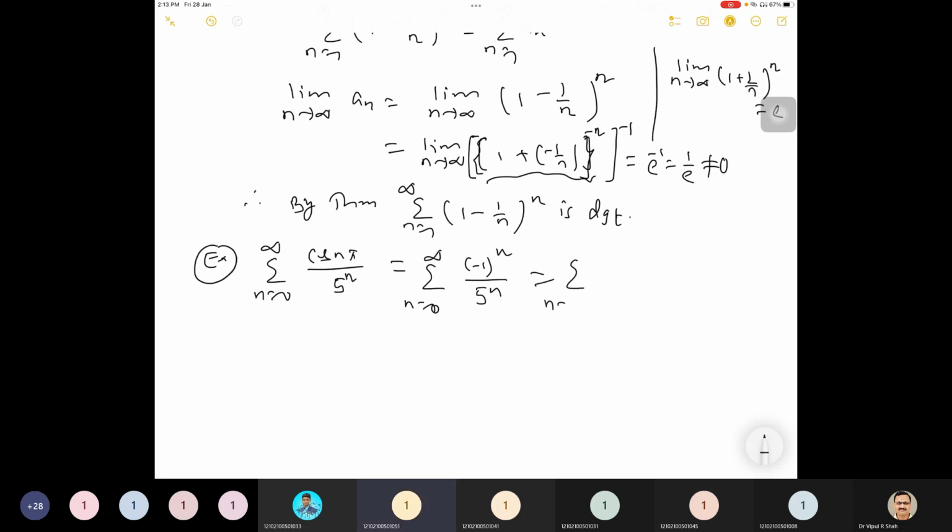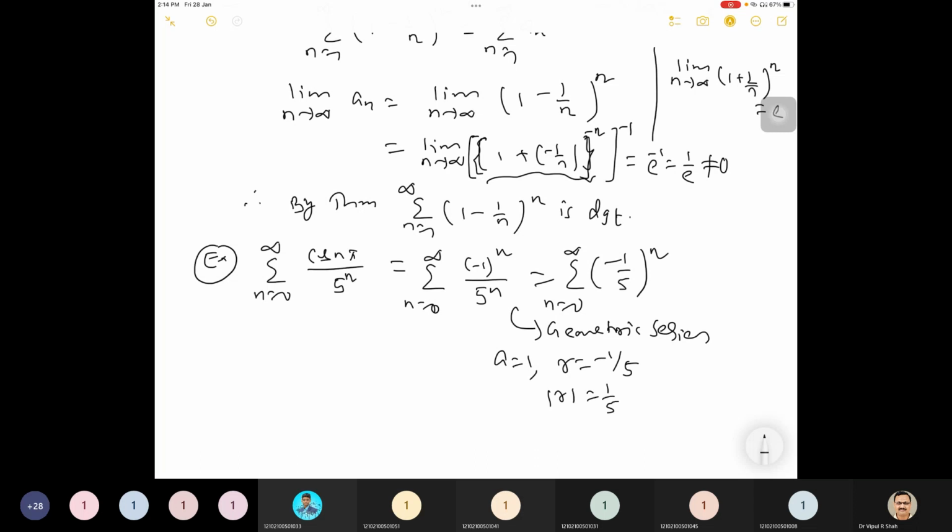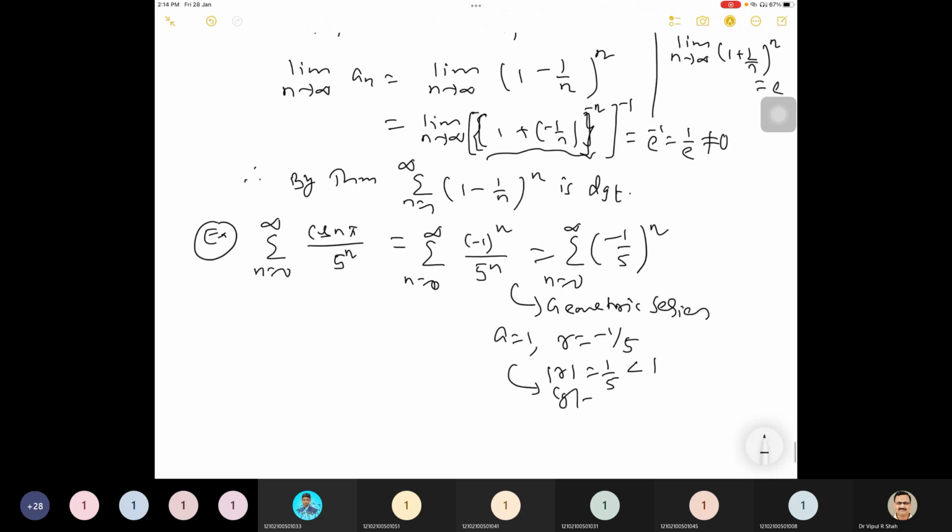So basically now you are having a geometric series, where the first term a is 1 and r is minus 1 by 5. Modulus r is 1 by 5, less than 1. So convergent.